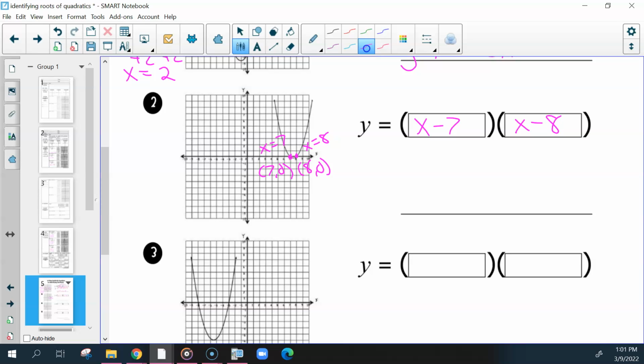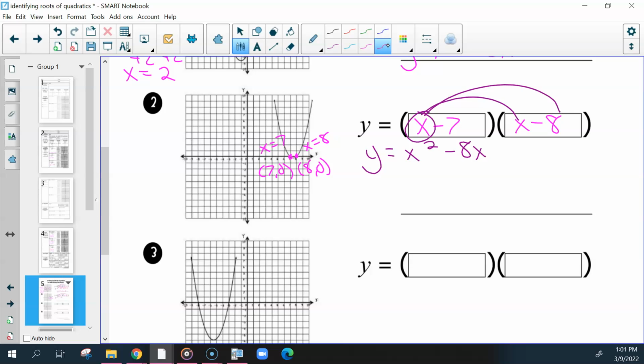Now we can distribute so that we can get our final answer. So x times these two, y equals x times x is x squared. X times -8 is -8x.